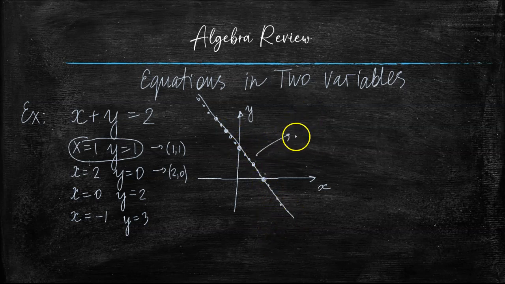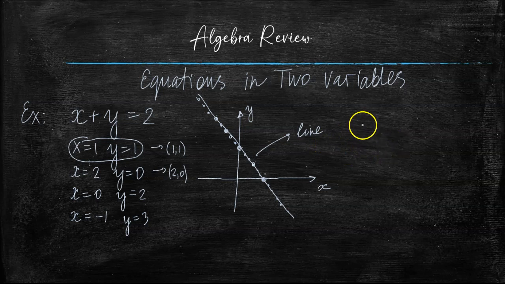So this line is the solution set of this equation. Why? Because again, it's made of points. Each point corresponds to an ordered pair, and each ordered pair represents a solution. So these are your solutions.